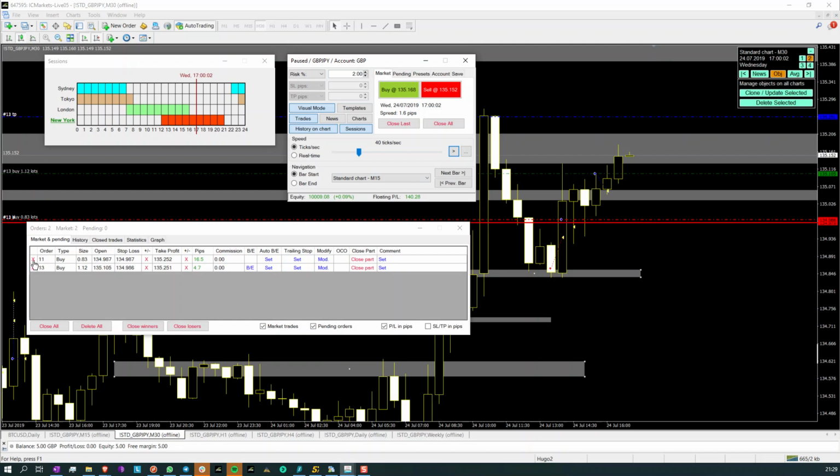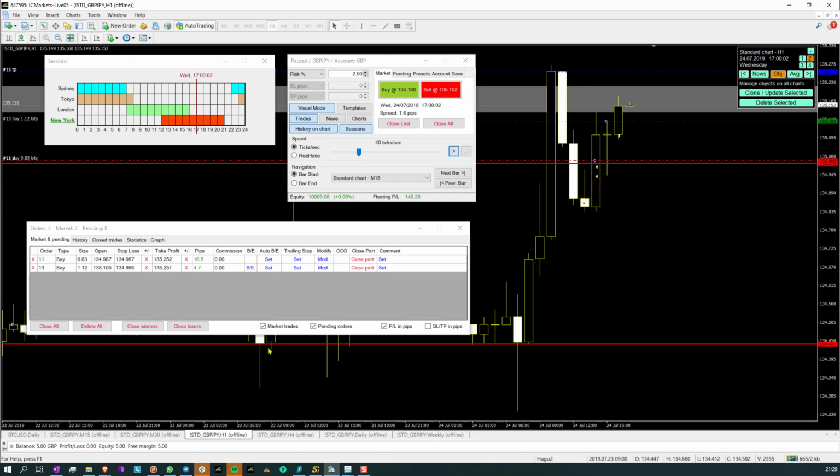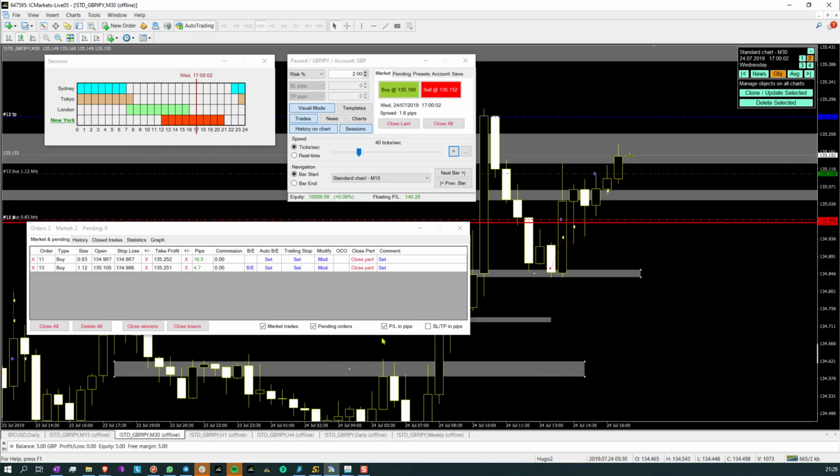Okay, closing this one with 16 pips. And the other, let me see the 1 hour. This one I'm taking it, 16 pips, and the other I just managed.